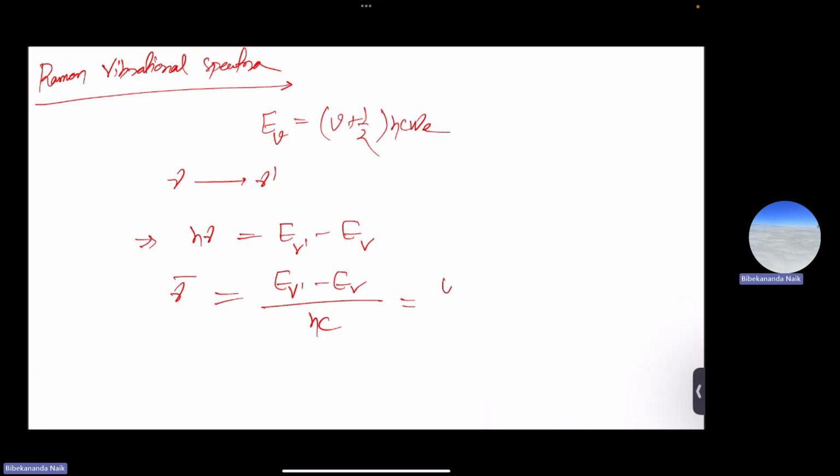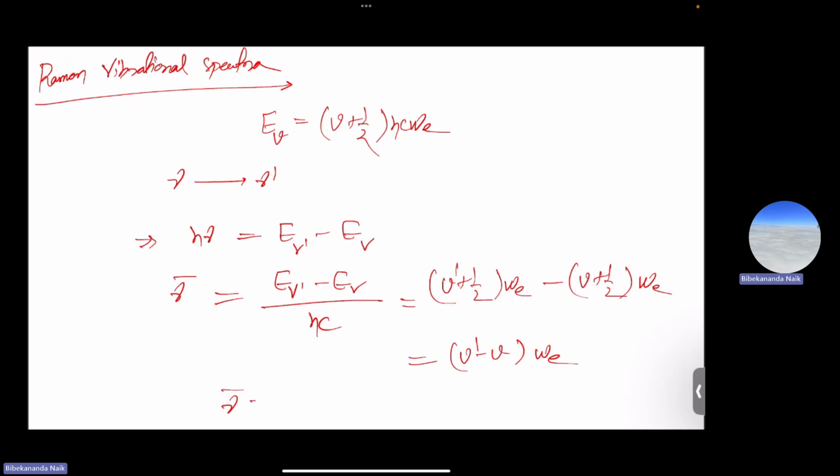This will come out to be (v prime plus half) omega_e minus (v plus half) omega_e. So it will come out to be (v prime minus v) times omega_e.